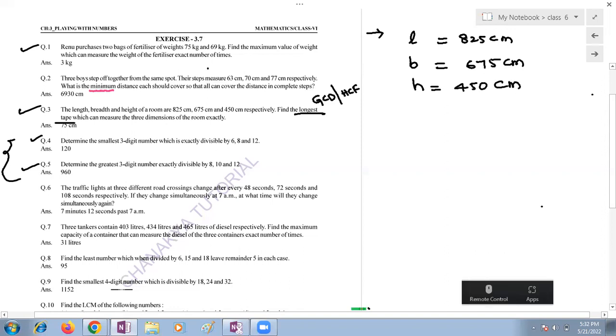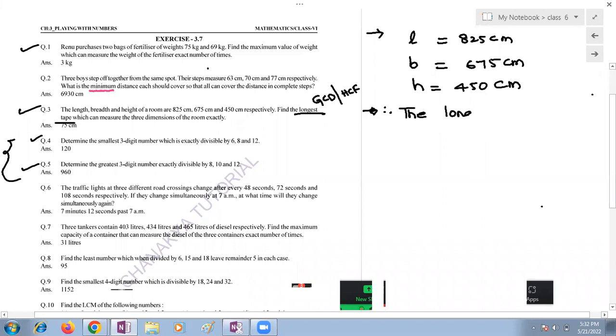Very good. Next statement is more important. Ma'am, we need to do prime factorization. They did not mention which method to use. Therefore, the longest tape which can measure the room dimensions exactly, that is the next statement.